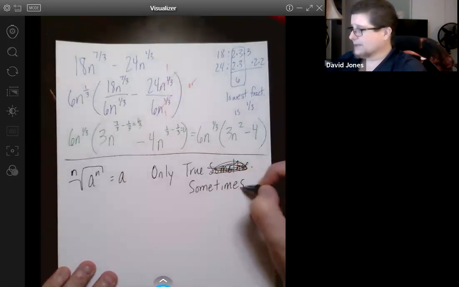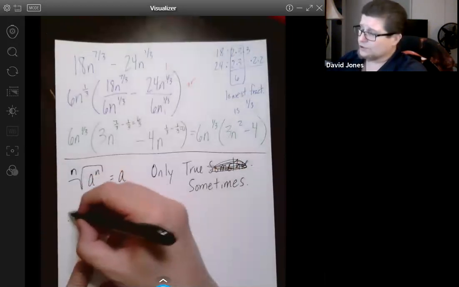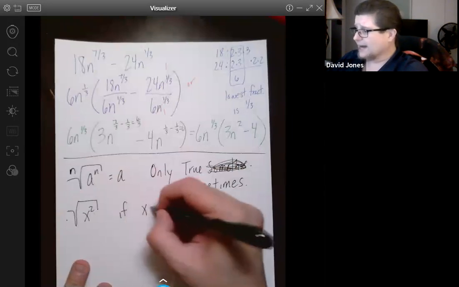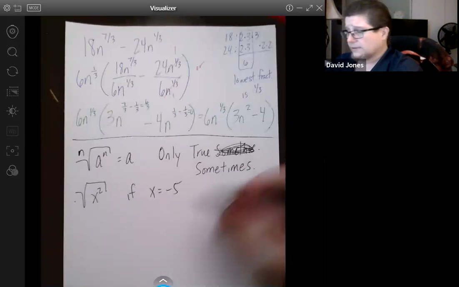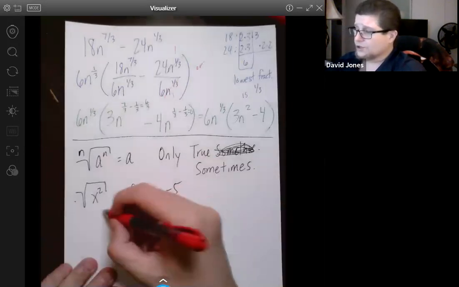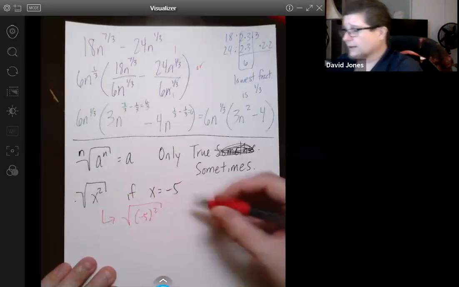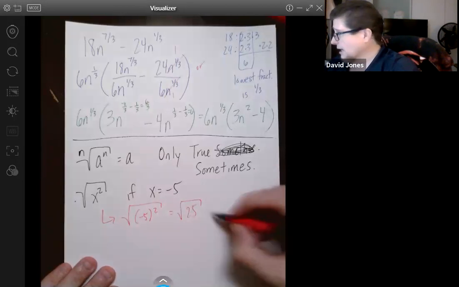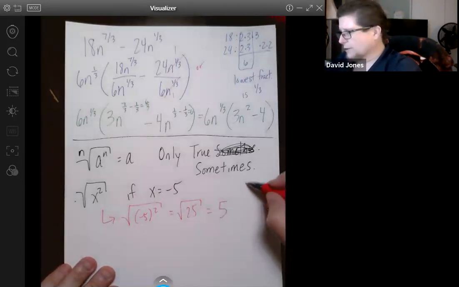Only true sometimes. There we go. For example, if we've got x squared, and x is negative 5, then this turns into the square root of negative 5 squared, which is the square root of 25, and we tend to say that equals 5 by going with the principal root.